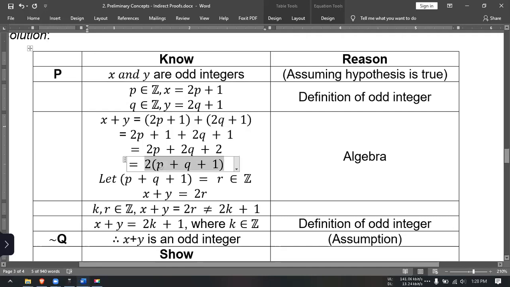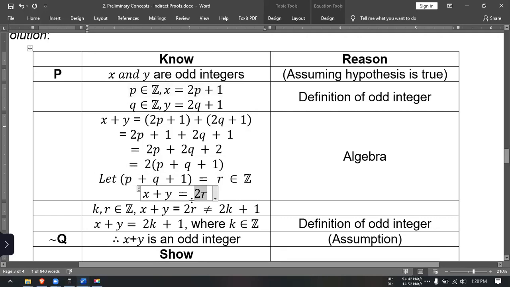We'll assume p plus q plus 1 as another variable, r, which is an element of z, or an integer. So we have now x plus y is 2r. Meaning, when we add two odd integers, our result is 2r.